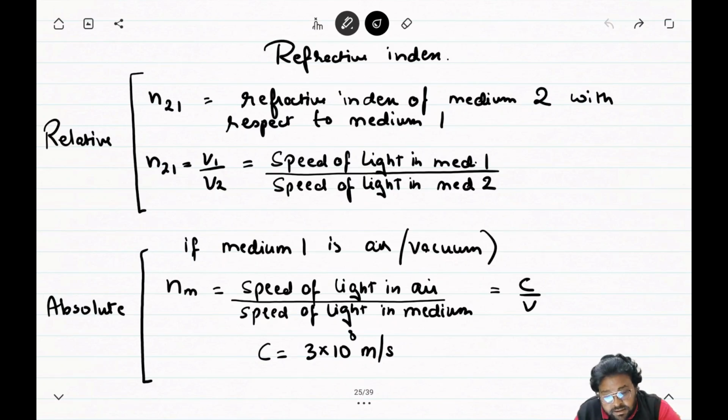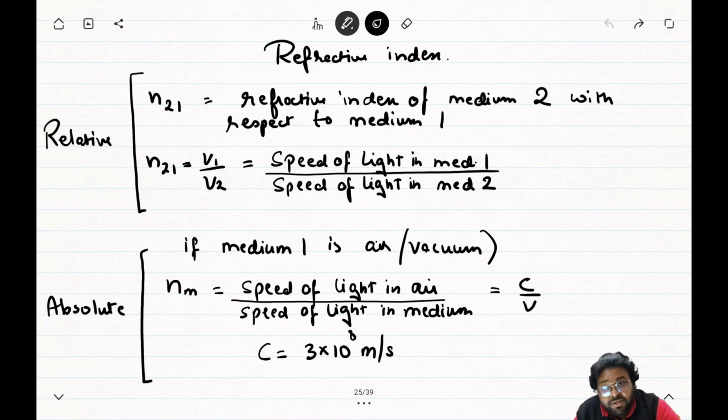All the speeds in media will be smaller than 3 into 10 to the power 8 meter per second, and hence c by v would always be greater than 1. So absolute refractive index is always greater than 1. For example, the absolute refractive index of water is 1.33, of normal glass is somewhere around 1.5, of diamond is 2.42, and so on.